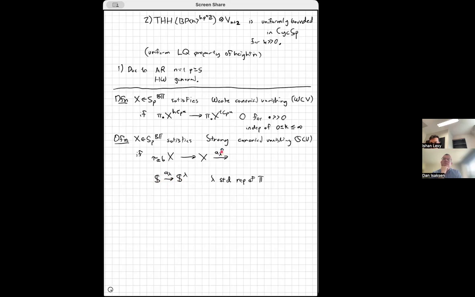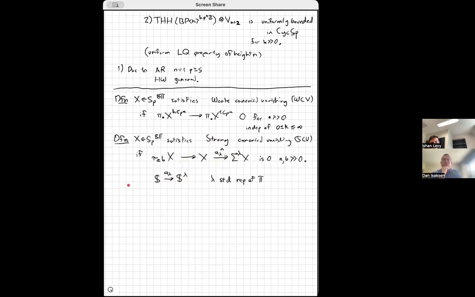And so you can look at the nth tensor power of that map, which gives you a map from X to the n lambda suspension of X. And strong canonical vanishing asks that this map is 0 for n sufficiently large.